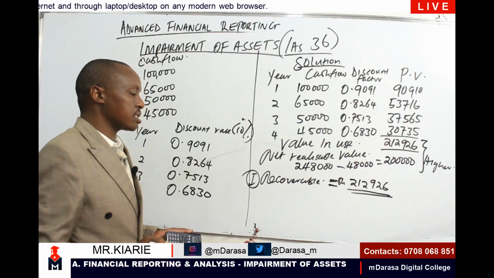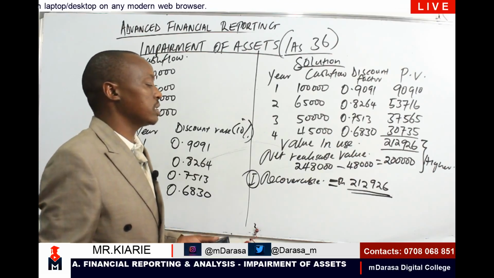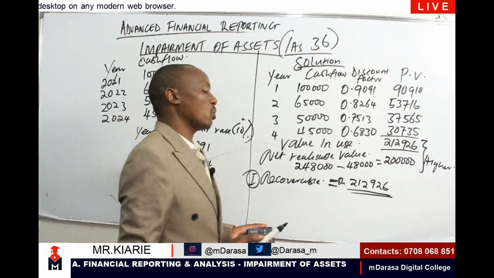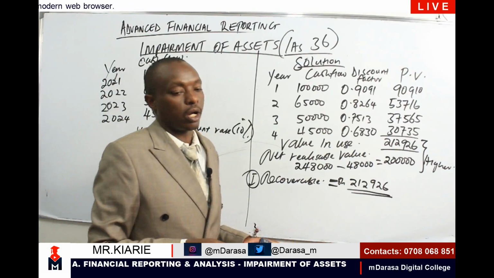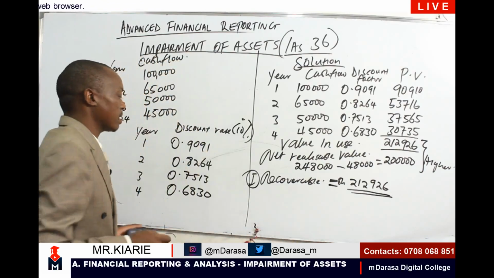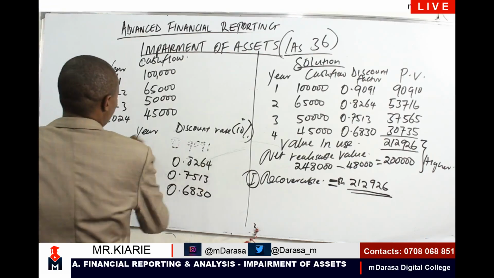Now, there is a second part of the question which requires us to determine the impairment loss, if any, on the asset. Therefore, you write below that second part of the solution, which is impairment loss of the asset.